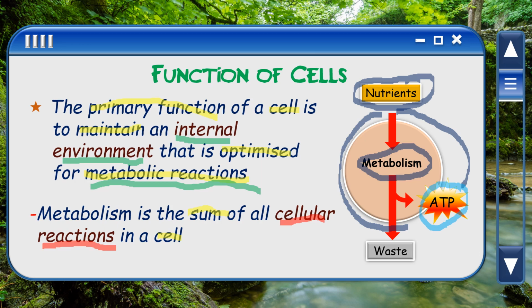The undigested materials are removed out of the cell as waste. So the primary function of the cell is to maintain an internal environment that is optimized for metabolic reactions.